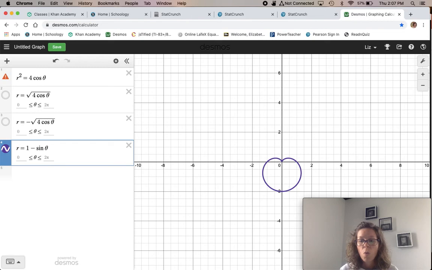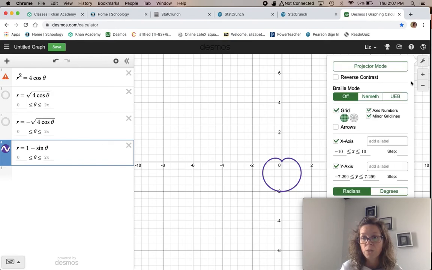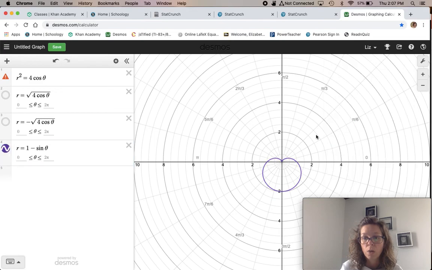And what we found was, what is the slope at 0? So our 0 angle line, if I switch over to our polar coordinate system, this is our 0 theta line right here. What is the slope at that line? That slope is -1. And that looks accurate to this graph, that if we drew in a tangent line right here on this 0 angle line, it would have a slope of -1.